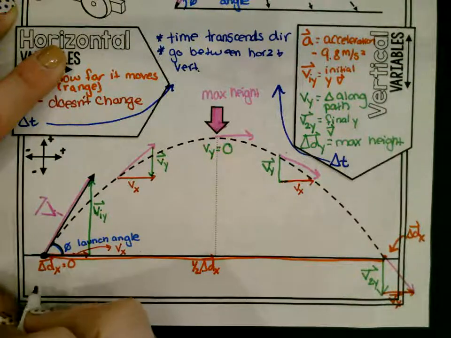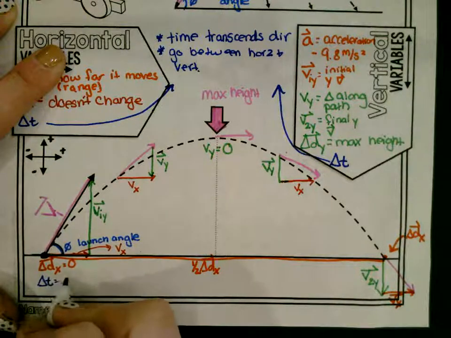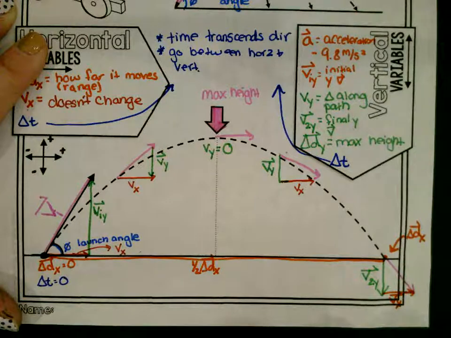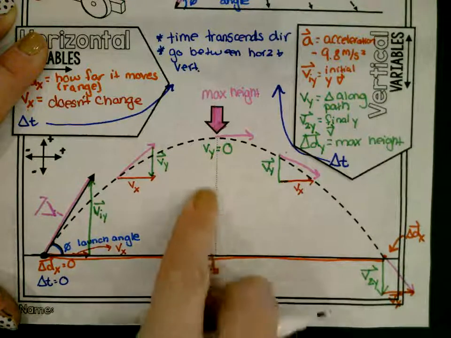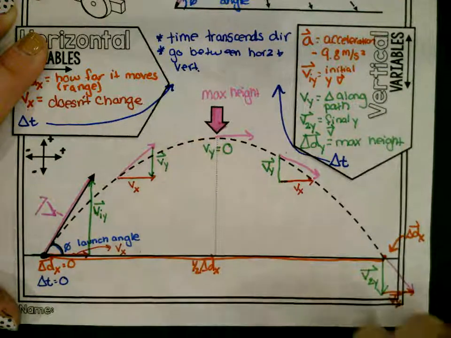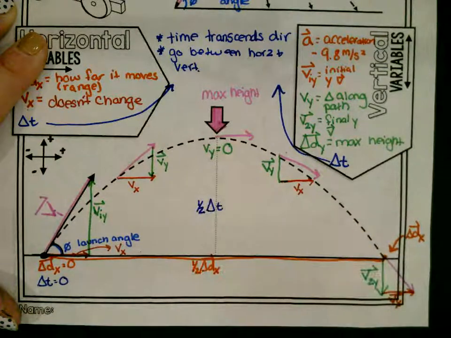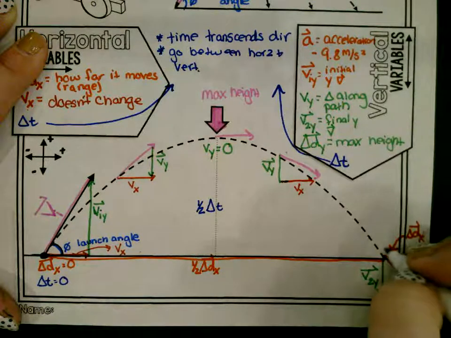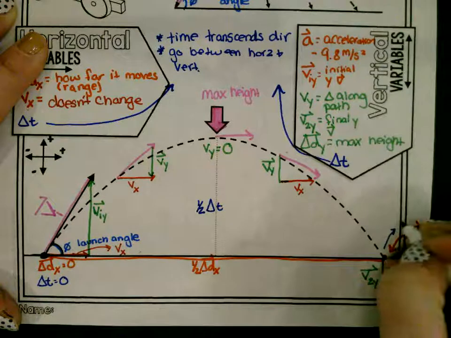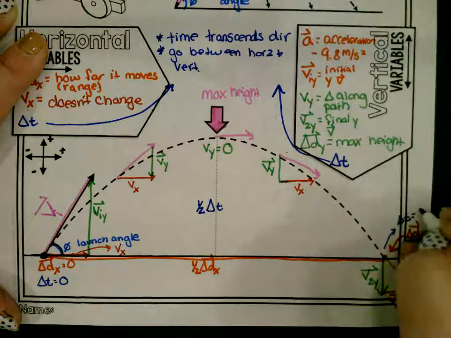So when we look at the starting point, our change in time is 0 because it's just being launched. When we get to the max height, our change in time is 1/2. We're halfway there at our maximum height. And then way over here at our landing point, we would have our change in time final.